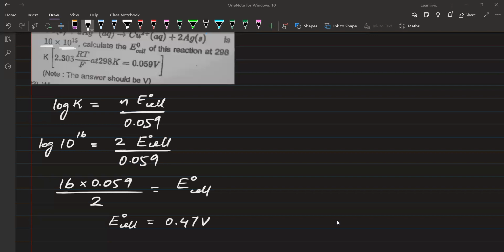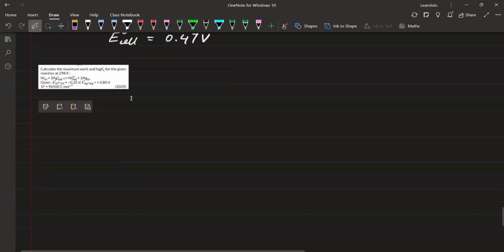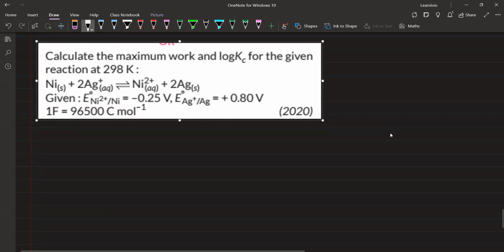Let's do this question, and after that we will let you go. Unfortunately there will be no test today because we did not do anything new. Ignore maximum work for now; we have not studied it yet. You have been given all of these values. You need to find log K, and determine the value of E naught and everything.